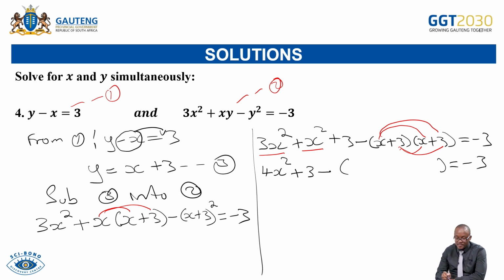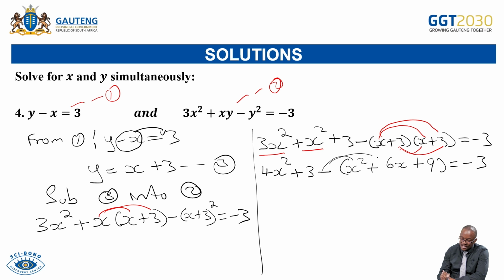Remember, we're opening those brackets because there is a negative that still needs to multiply inside the bracket. So we are having x squared plus 6x plus 9. I just added everything together because it will give you x squared plus 3x plus 3x plus 9. So 3x plus 3x is giving you 6x.